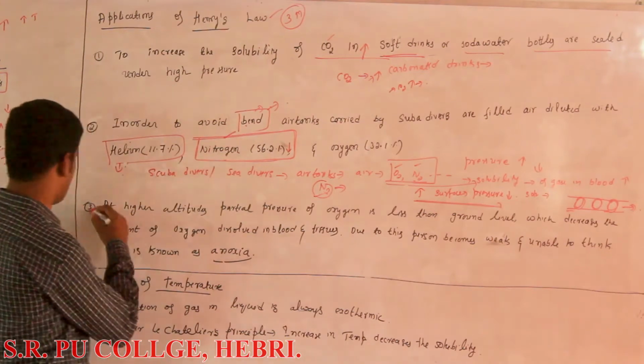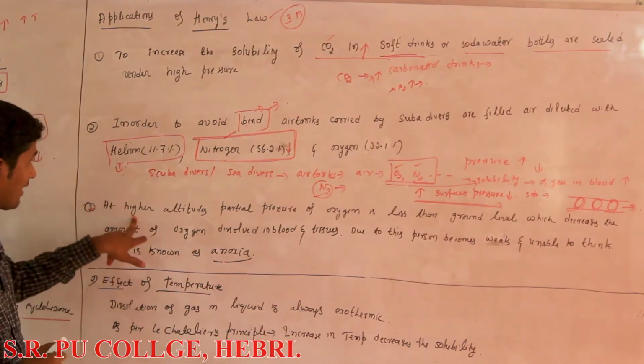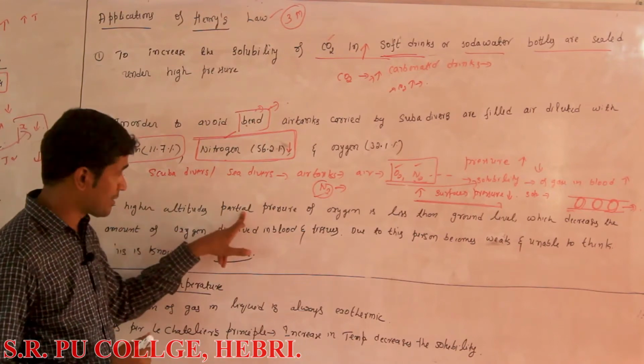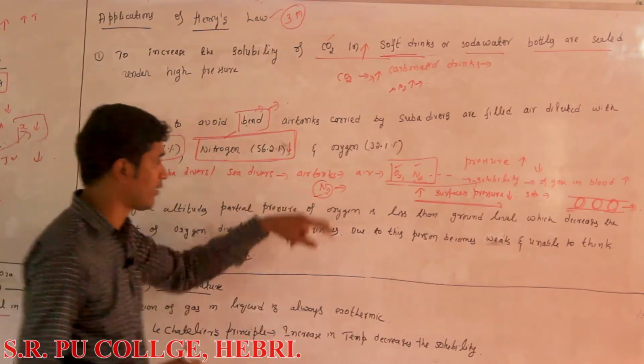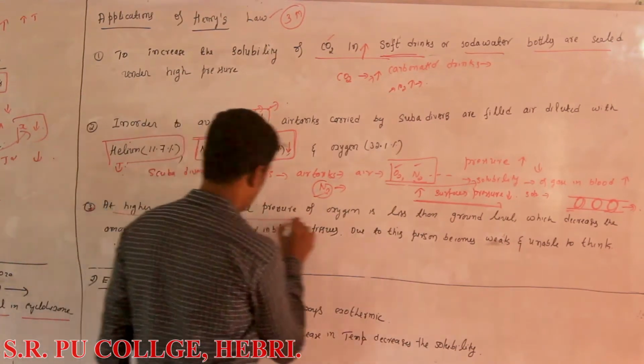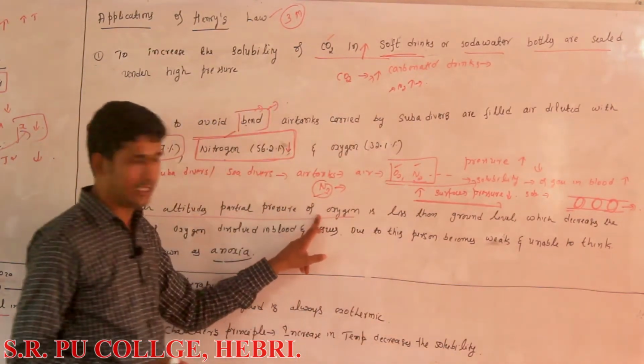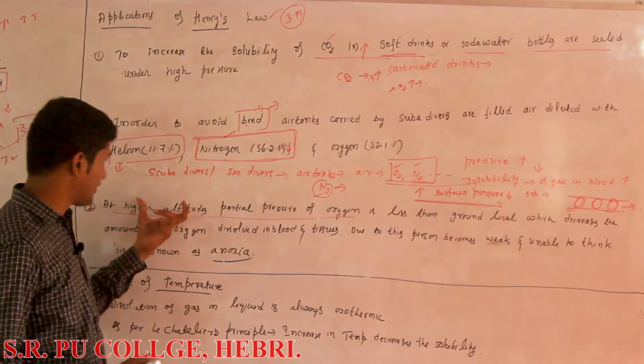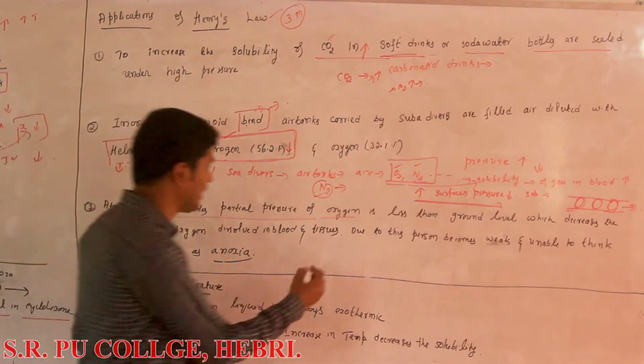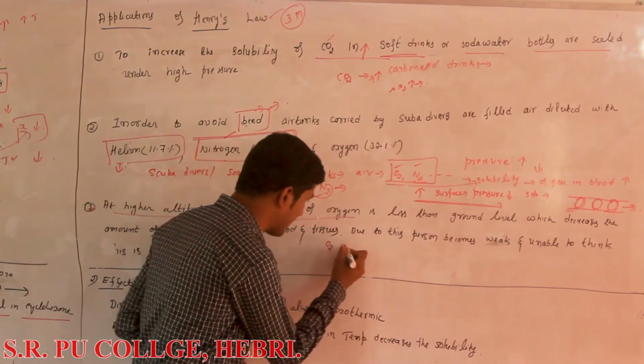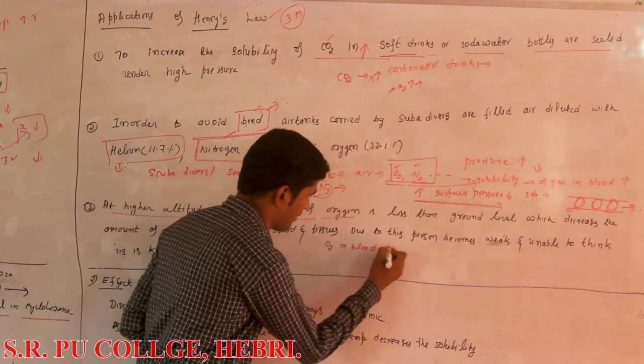Next, the third application is at higher altitudes, where the partial pressure of oxygen is less than at ground level. As you move away from sea level, pressure decreases. So due to that decrease in pressure, solubility of O2 in blood decreases.